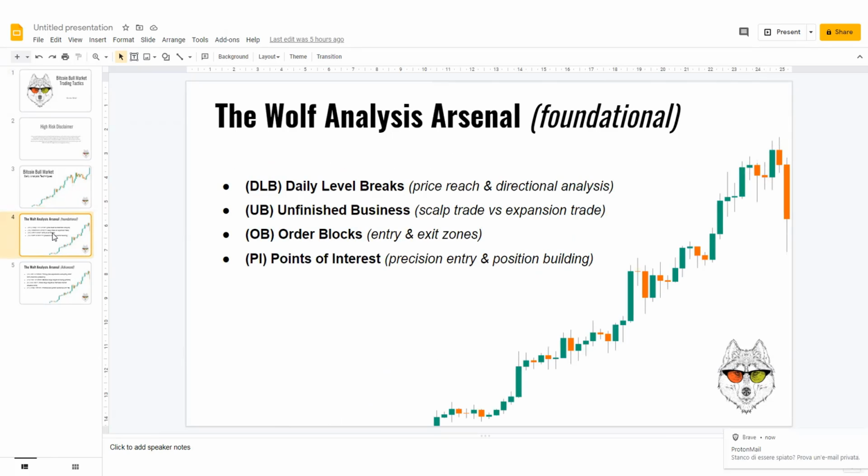So this is a little bit of a breakdown of what I'll be showing. And this is the foundational stuff that I use every day. When I open up my computer in the morning and start to look at the markets, I want to look at daily levels and how they're being broken.